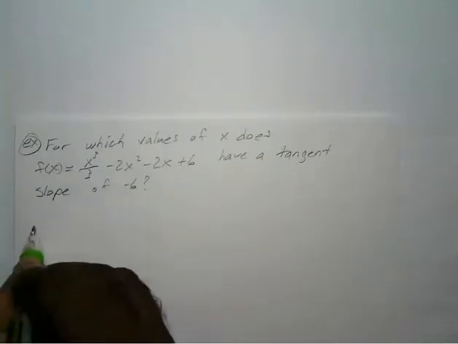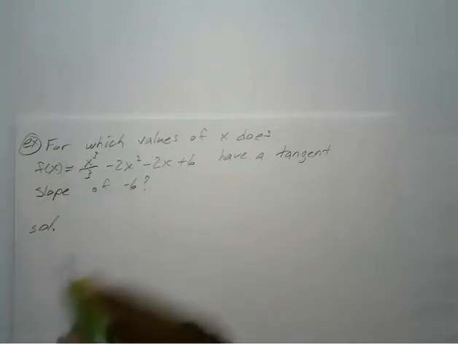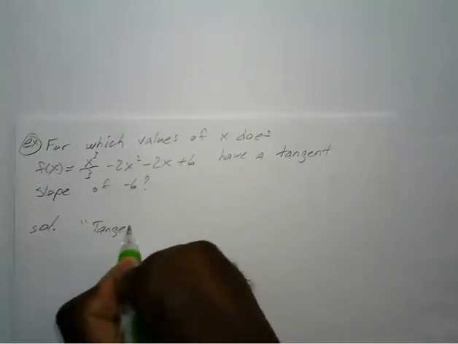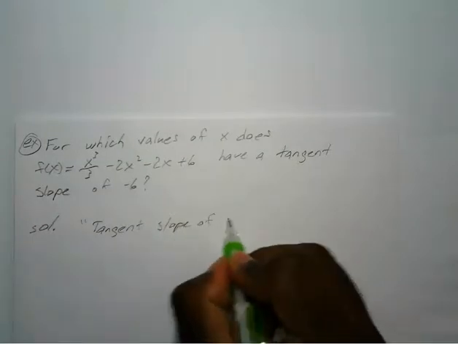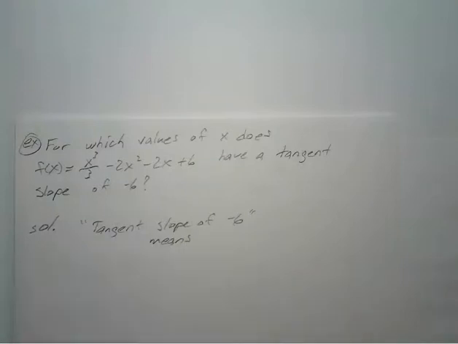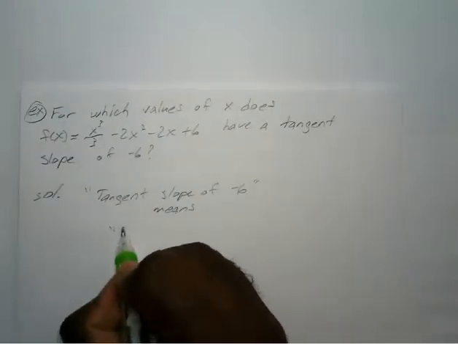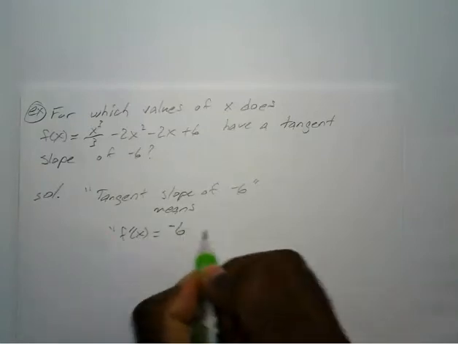To help explain what we're looking for, when you see tangent slope of negative 6, what they mean is where is f prime of x equals negative 6.